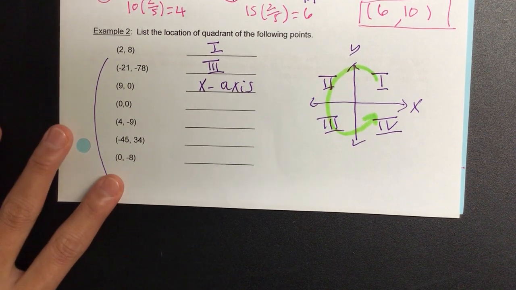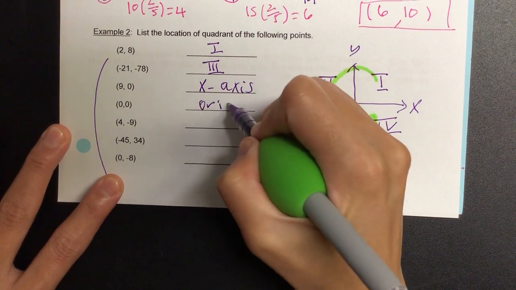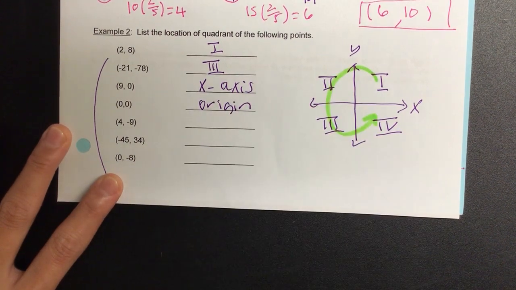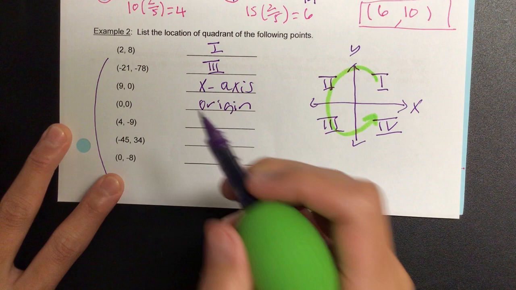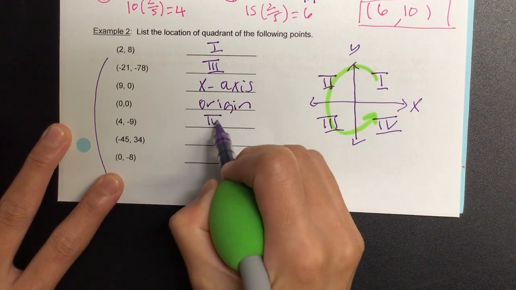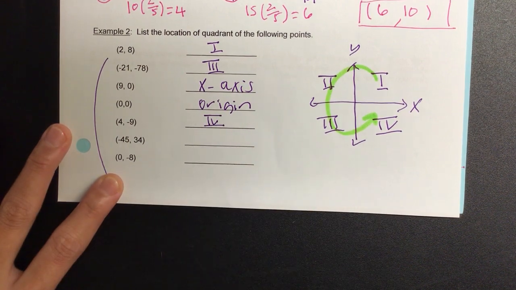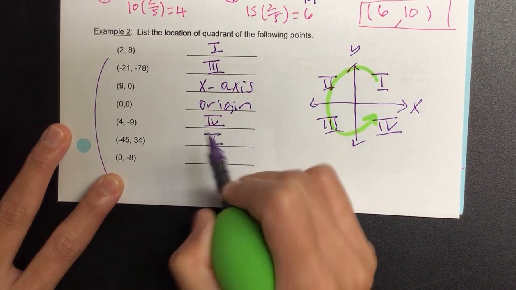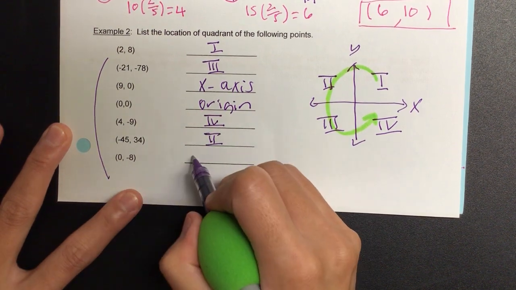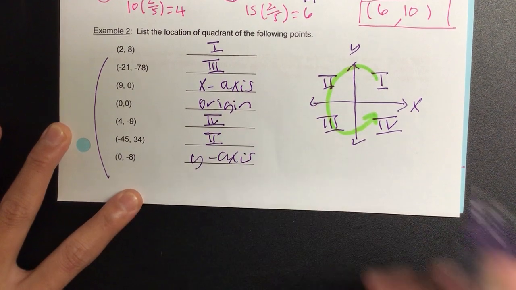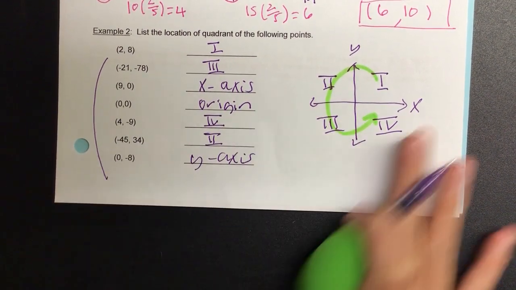What about 0, 0? What's a specific name for that one? Origin. What about 4, negative 9? Quad 4. And then negative 45, 34. Quad 2. And 0, negative 8. Y-axis.